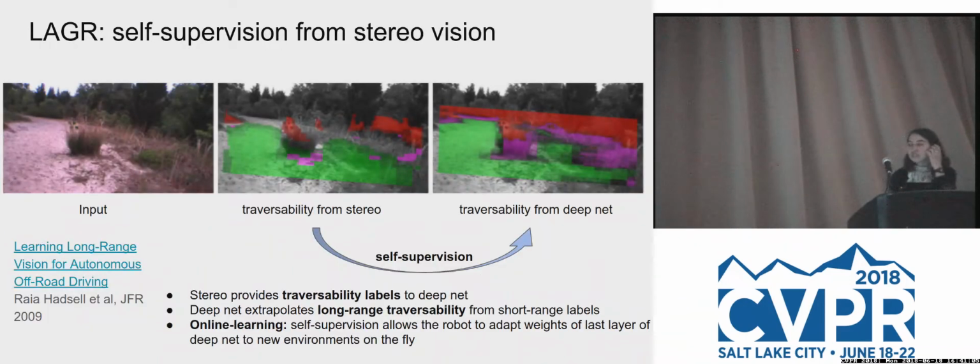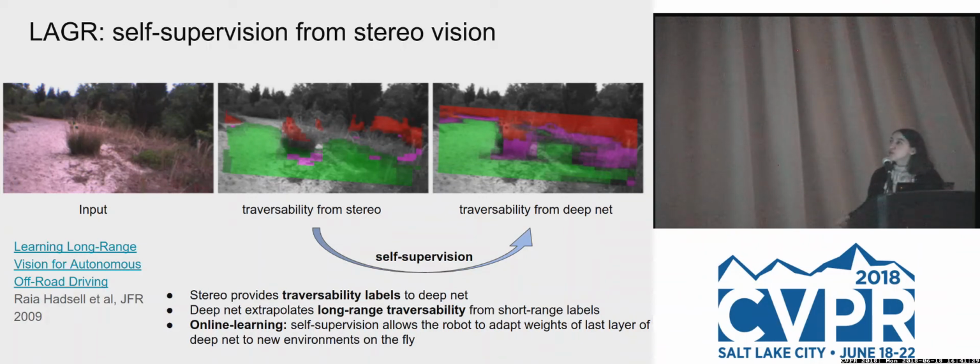And a similar idea of Raia Hadsell et al., this is from New York University, to extend the range, but now it is done with deep neural networks, and note that this is in 2009. So they were one of the teams that really showcased that neural networks can be successful in this task.